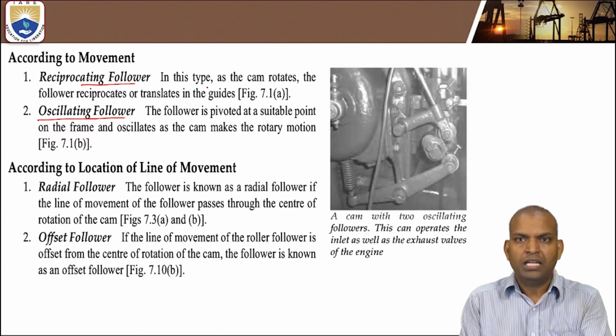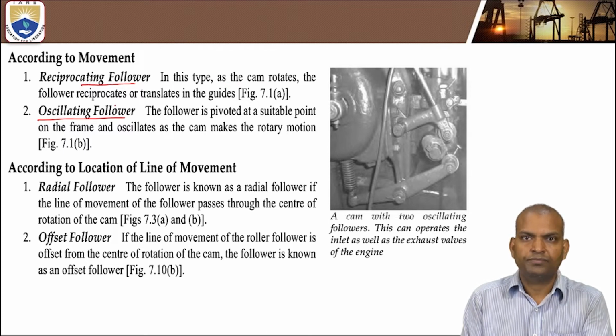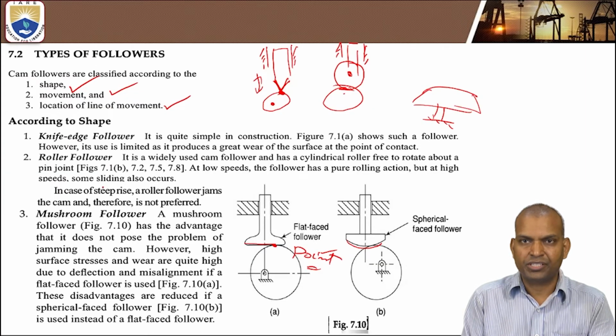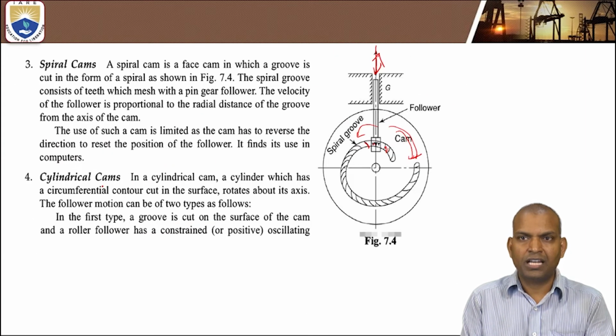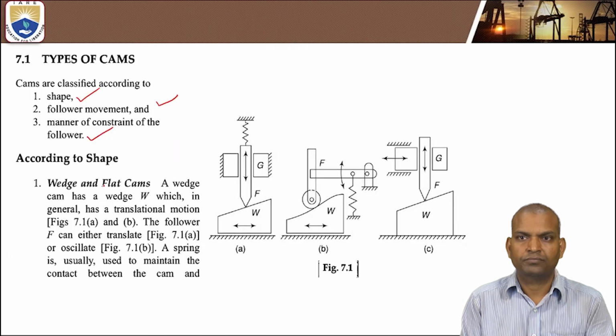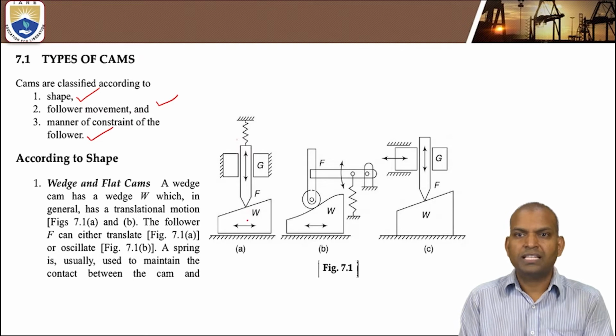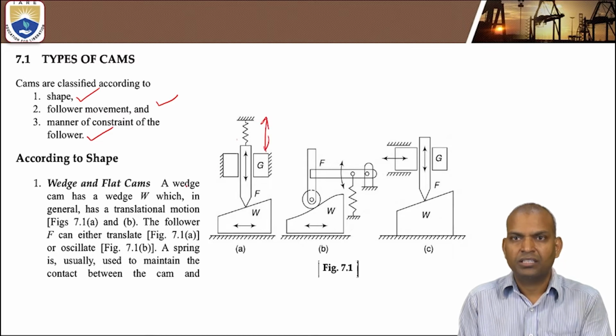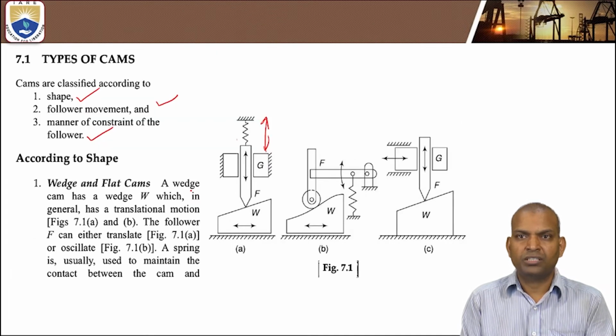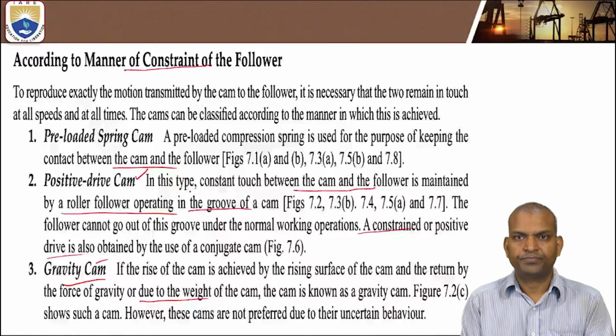In this type, as the cam rotates, the follower reciprocates or translates in the guides. This is the cam, and this is a reciprocating follower. As the cam moves, the follower always has a vertical translatory motion in the guides. That is called reciprocating follower.